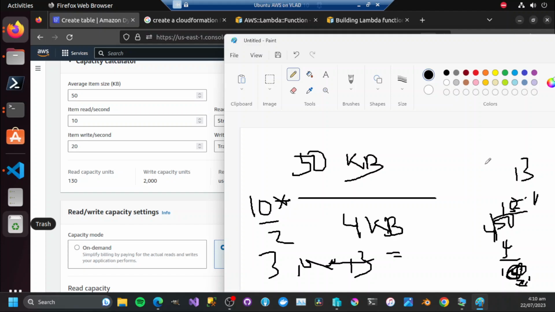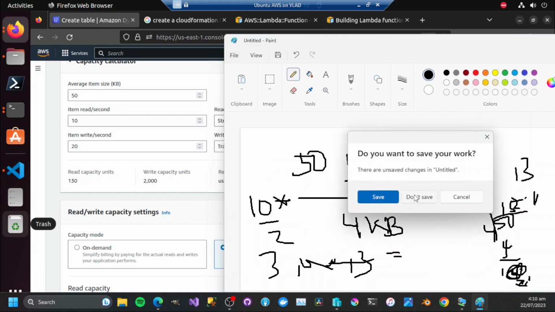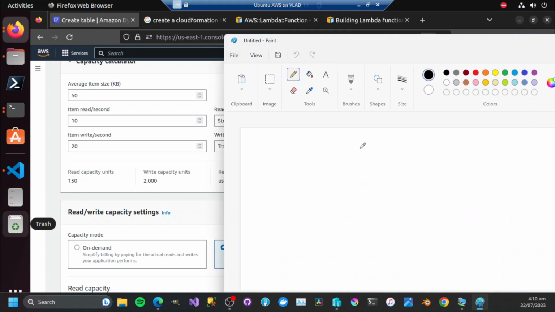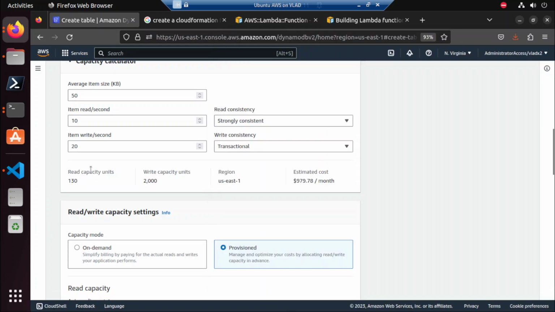It's 13, I mean 13 times 10 is 130. But then if we go to eventual consistency, the read capacity will be divided by 2. Divided by 2 is 65. Yeah, we just divided by 2.